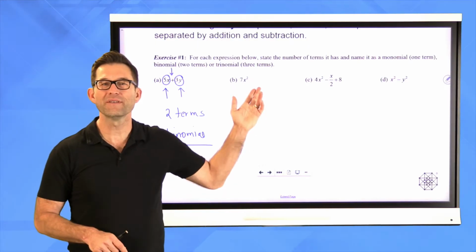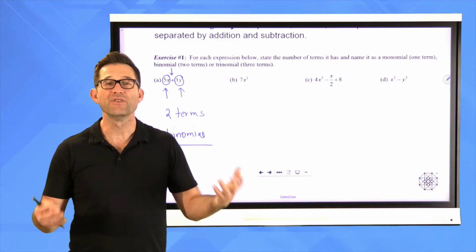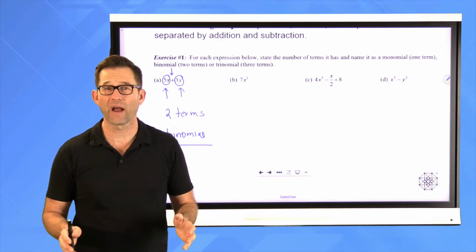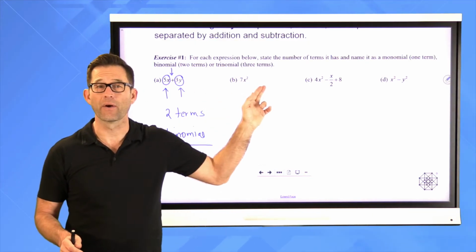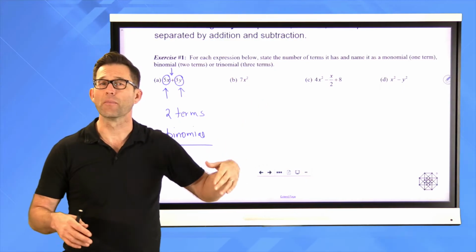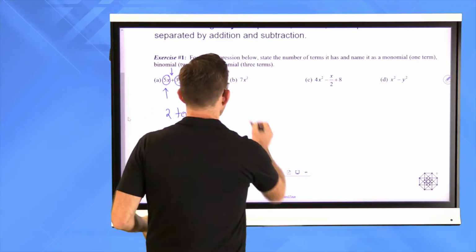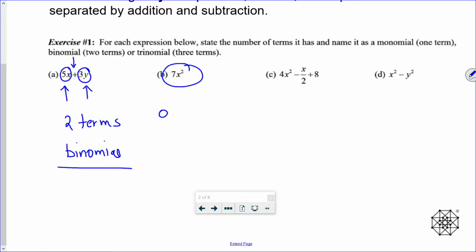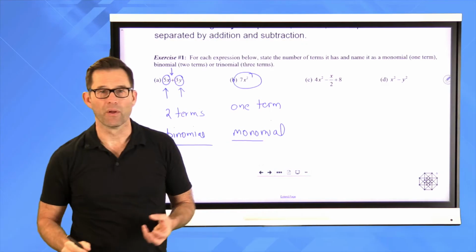All right, well, notice in letter B that there is no addition or subtraction. It's just 7x squared. So this is a term just all by itself. Right? There is simply one term, and therefore that is what we call a monomial. Right? Mono, meaning one. A monomial.